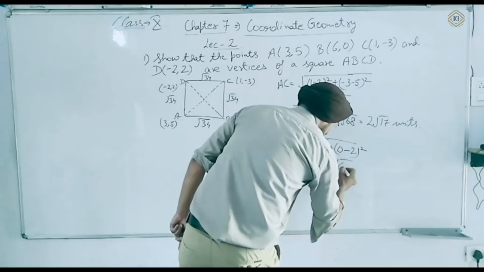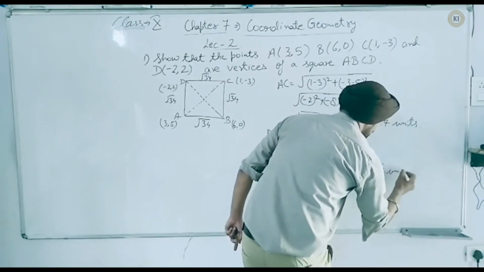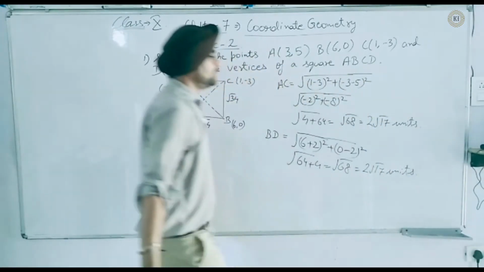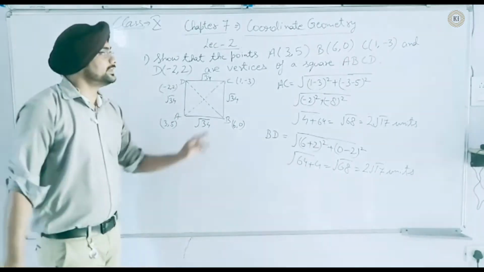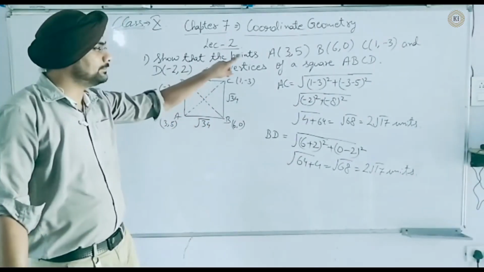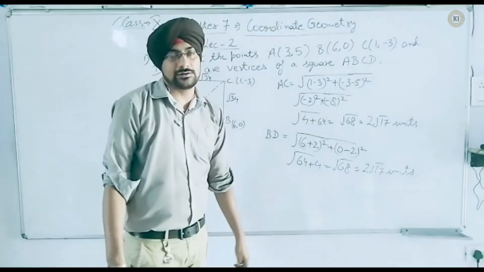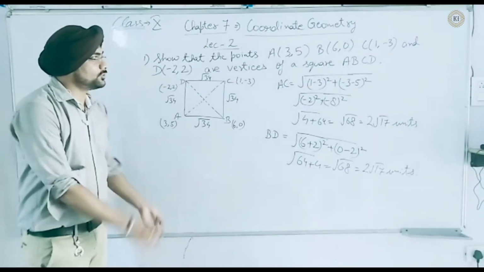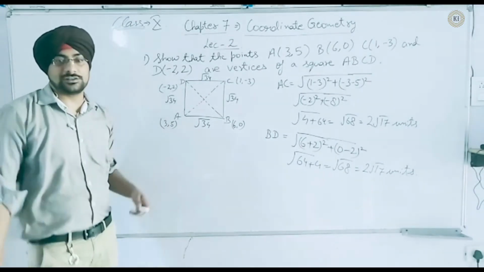Here again root 68, that is 2 root 17 units. So now we can see that all the sides are equal and all the diagonals are equal. So we can say that A, B, C, D are the vertices of a square. This is a very important question from your examination point of view. Now see the next question here.